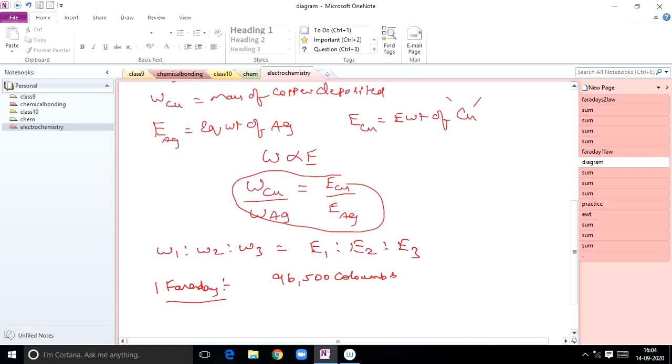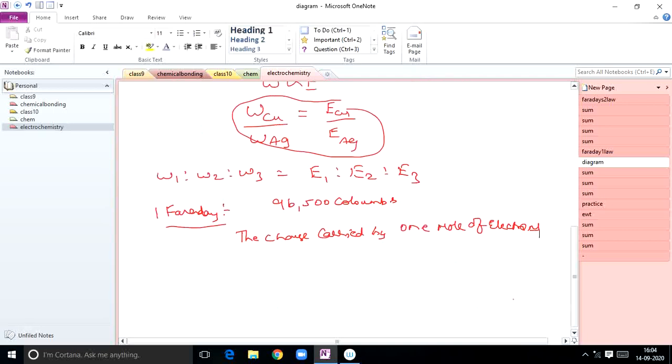Next, the charge you can also define in another manner. The charge carried by 1 mole of electrons you can take as a Faraday.